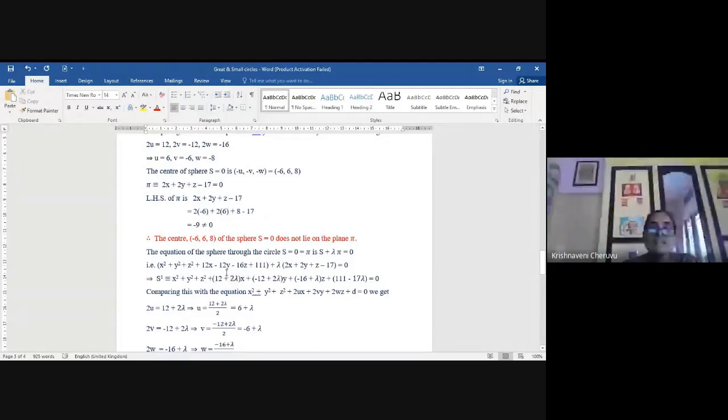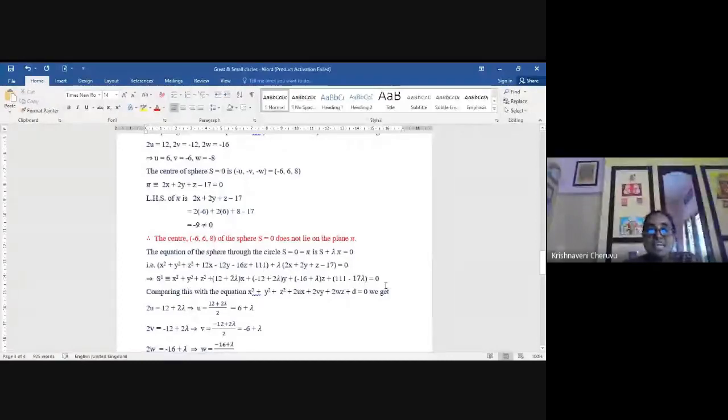From this and this term, if you take y common, you get minus 12 plus 2 lambda, and from the z terms, minus 16 z and some lambda z. If you take z common, you will get minus 16 plus lambda, and the remaining thing is the constant: 111 and minus 17 lambda.